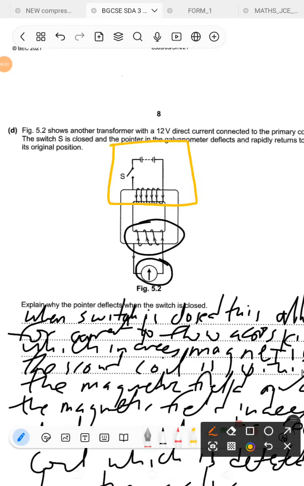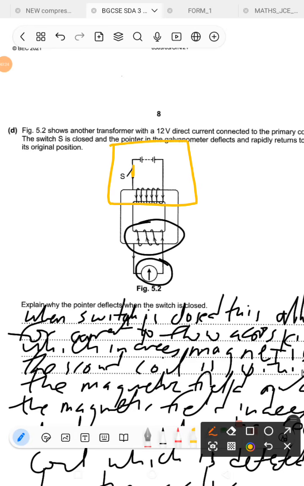When you close this circuit, current is going to flow. When the current flows, it's going to temporarily make this core become a magnet, so it gets magnetized.